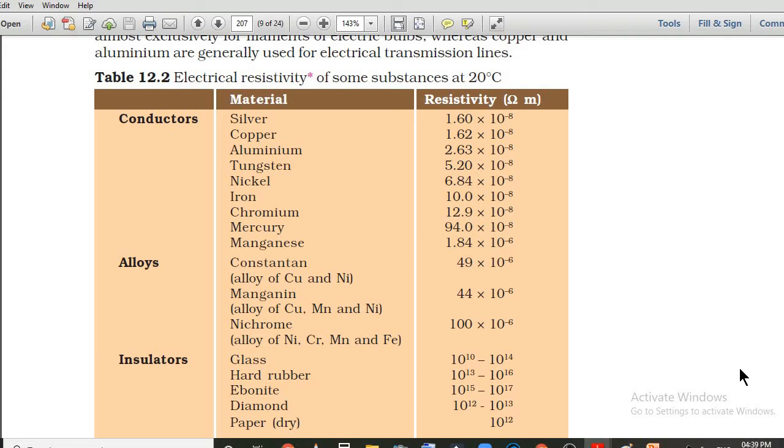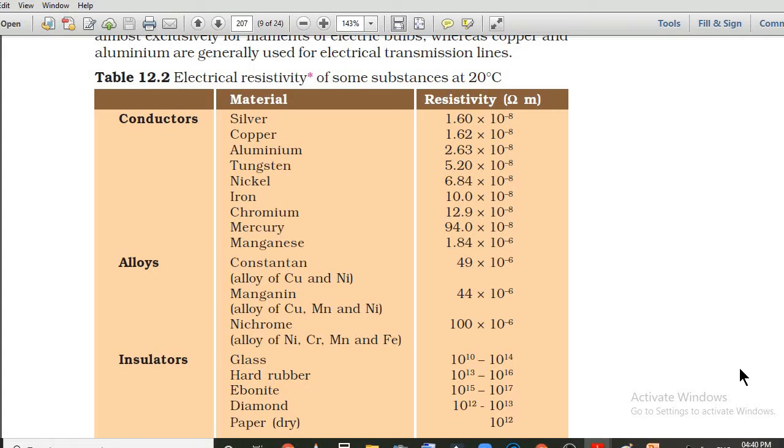These alloys can be used for making a special type of material that is known as resistors, because we also require resistor together with the conductor. Conductors are required for a smooth flow of electricity, such as copper wire, aluminum wire, etc. But in the electronics instruments, we also require resistors that can restrict the current that is flowing into it.